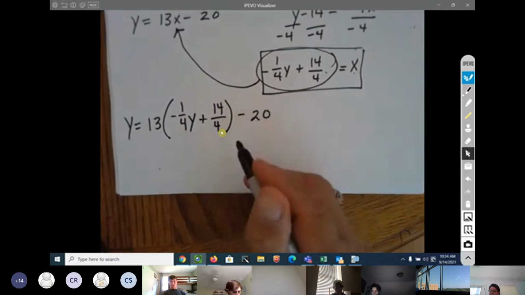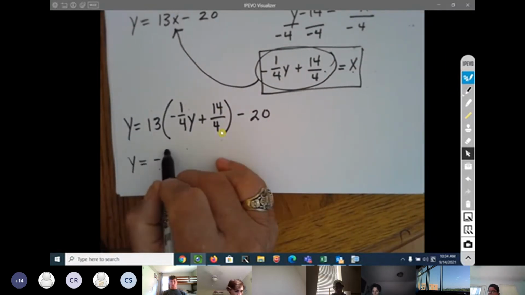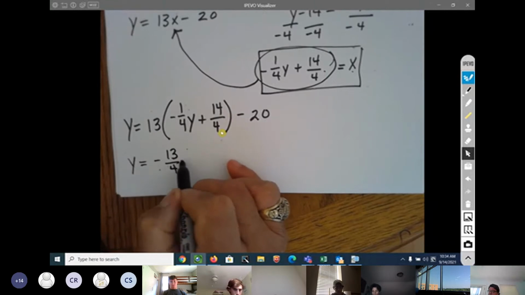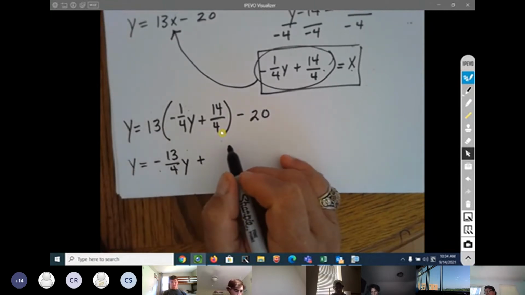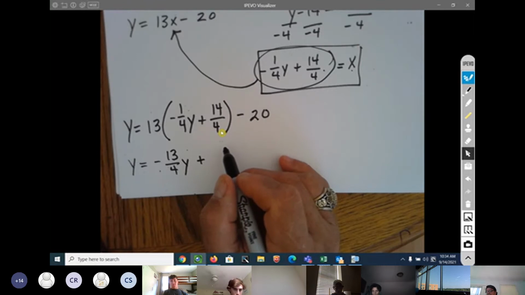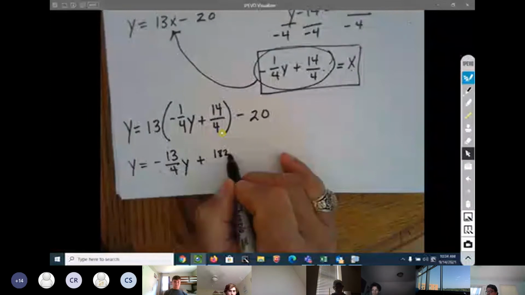This is not a very good one to use, but y is equal to negative 13/4 y plus, good gracious, 13 times 14, that'd be 169 plus 13, be 182. Somebody check my math, please. 182 over 4 minus 80 over 4.